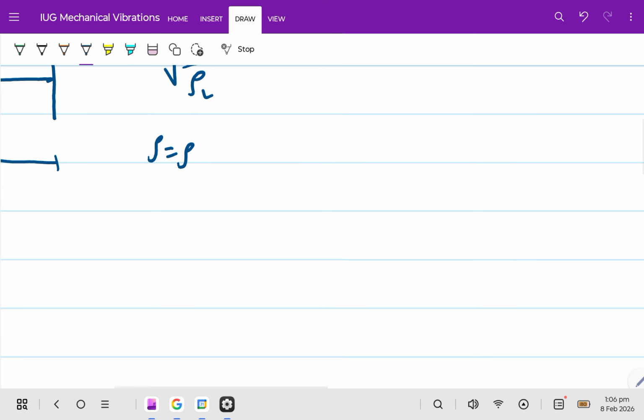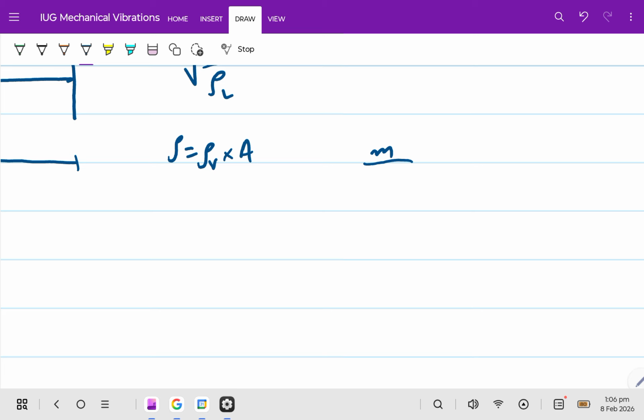Volumetric density would be mass per unit volume, let's say kilogram per meter cube, into meter squared. So it will cancel out this one, and we will have kilogram per meter, that is linear density.